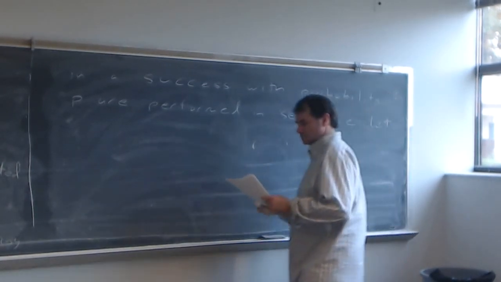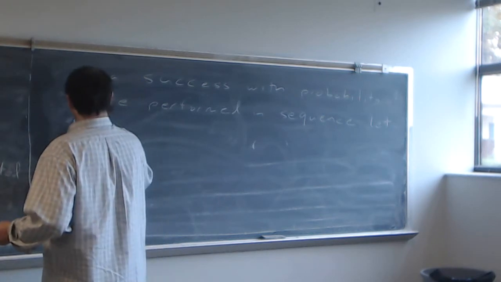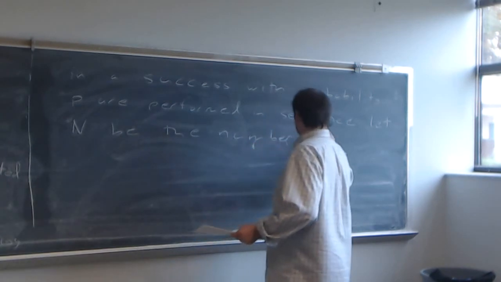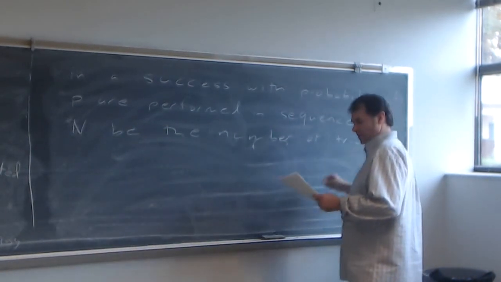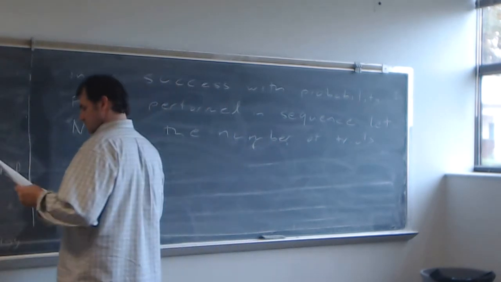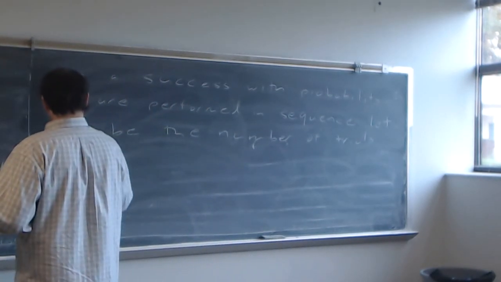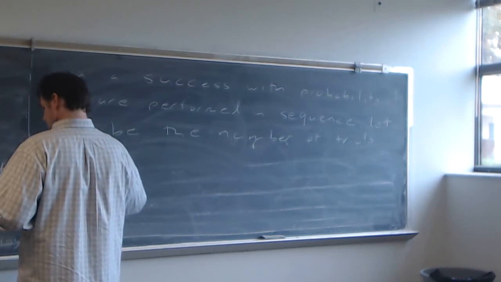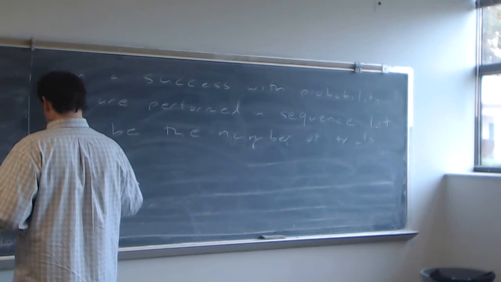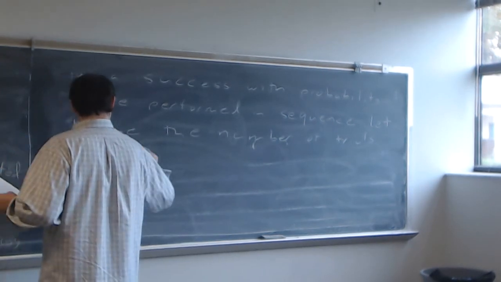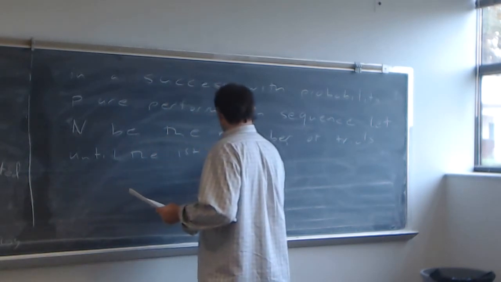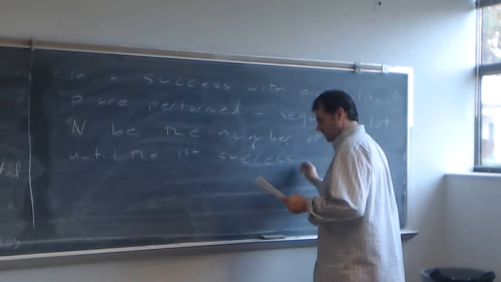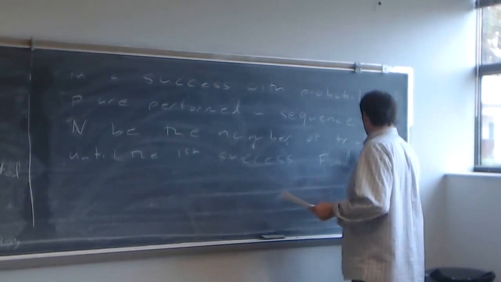Let N be the number of trials until the first success. So N is the trial for which you had the first success. Find the variance of N.